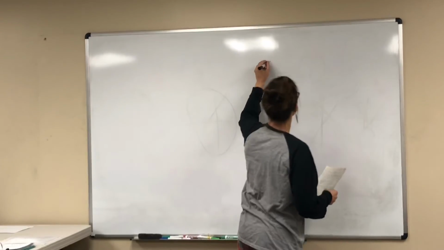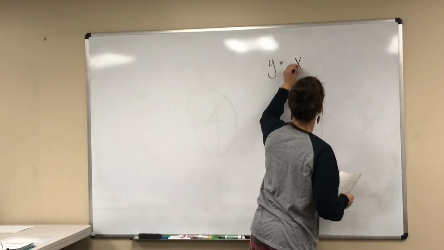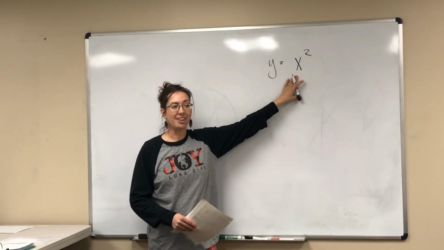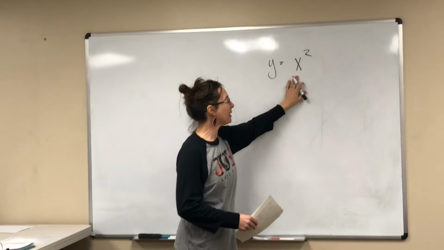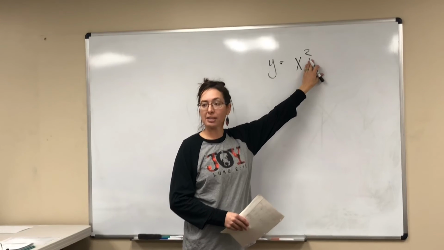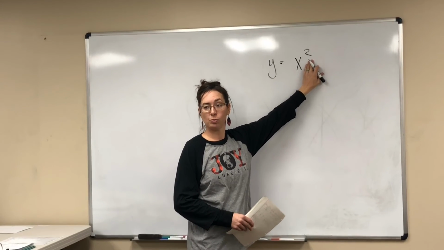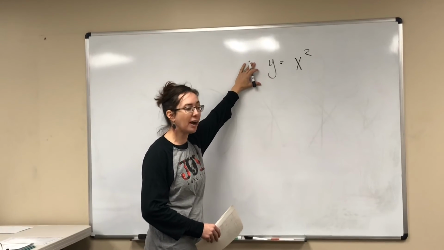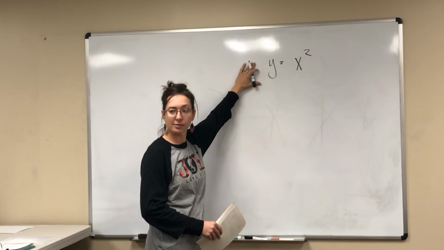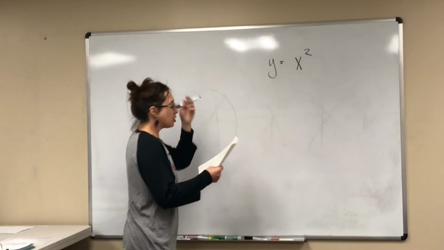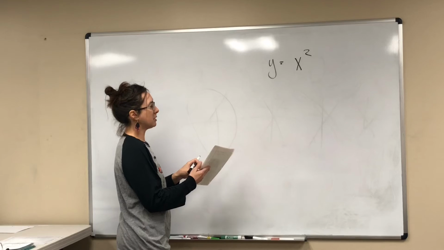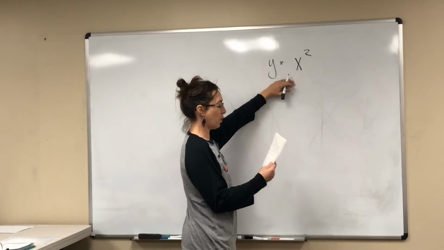Now, all last semester, we learned about quadratic equations, right? Quadratic simply means you have an exponent of 2, correct? The simplest quadratic you can have is y equals x squared, correct? There are different forms of this. This is the simplest form.